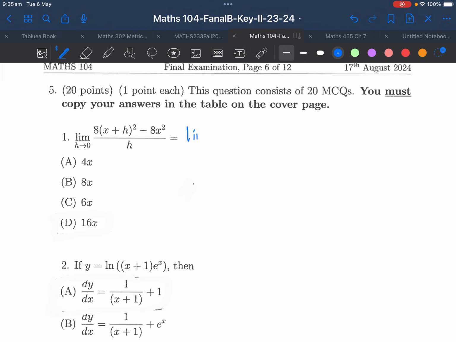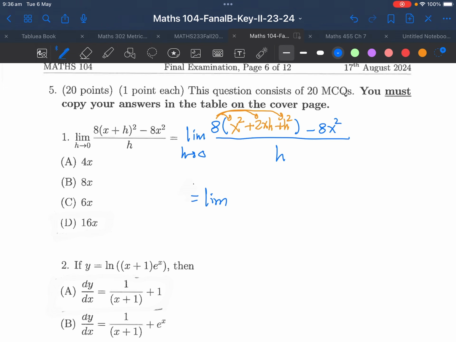So this will be the limit as h goes to 0. Now you have minus 8x squared. You have h. Here you will have an 8 waiting to get in. Inside the bracket, you do the first one squared, which is x squared, plus the last one squared, plus 2ab, which is xh.